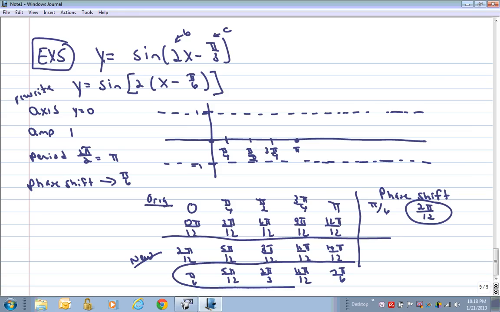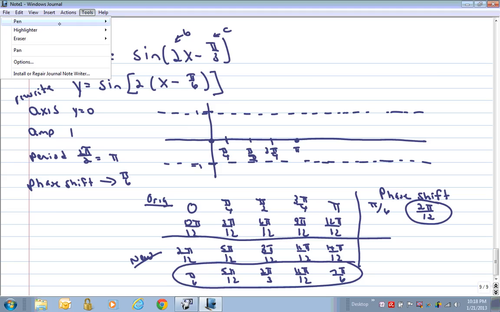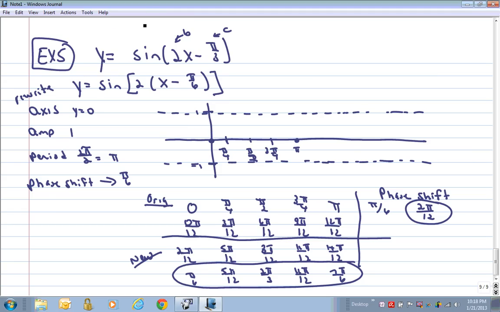So these are our values, and they're all to the right of the critical values. Let me fix another color to help us a little bit. Alright, so we have a point to the right of that, a point to the right of that, the one in black, a point to the right of that, a point to the right of that, and a point to the right of that. I'm going to go ahead and label those.